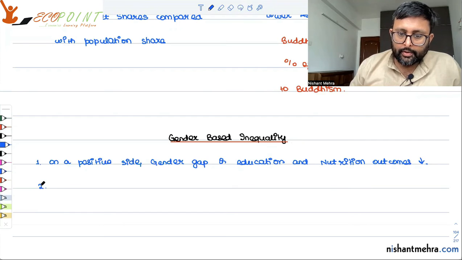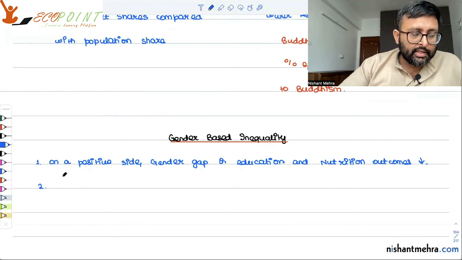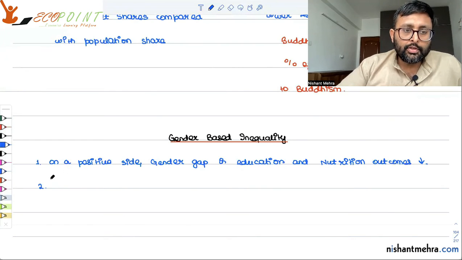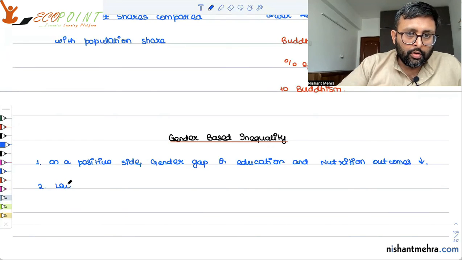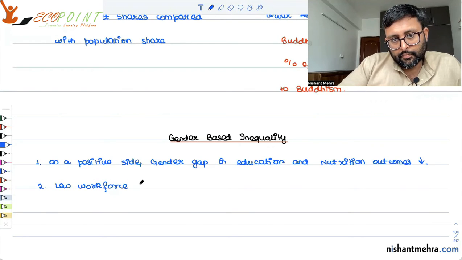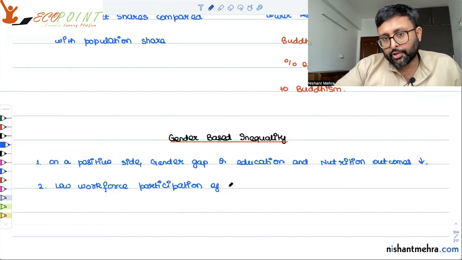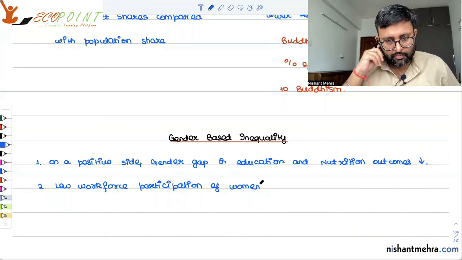Second, the disadvantaged position of women is there because there is a low workforce participation of women, right?